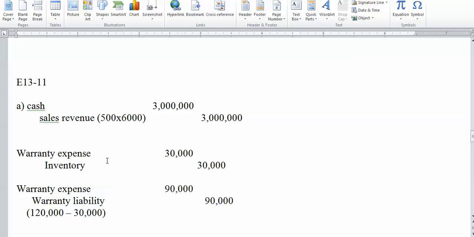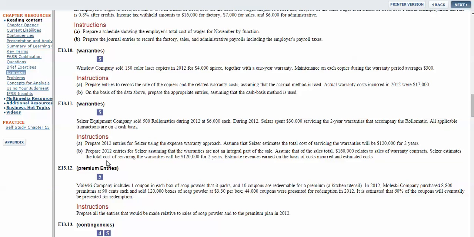Now for Part B, we don't have slides for that. You can find this in the textbook, but it's called the sales warranty approach. In Part B, the warranty is easily separated, or it makes sense to separate the warranty from the actual product. So the warranties are $160,000. Again, 120 is the servicing amount.